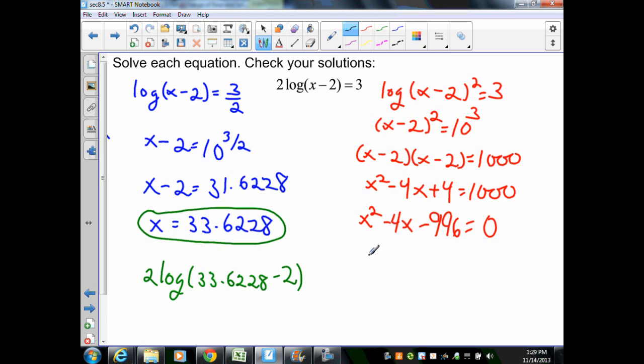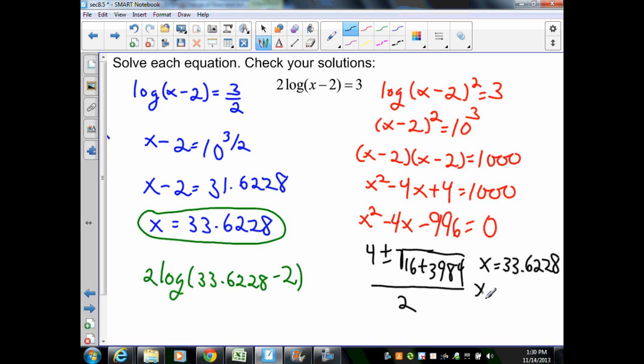When I do that, that's going to give me 4 plus or minus the square root of 16 plus 3,984 over 2, which essentially breaks it down into x equals 33.6228 and x equals a negative 29.6228.